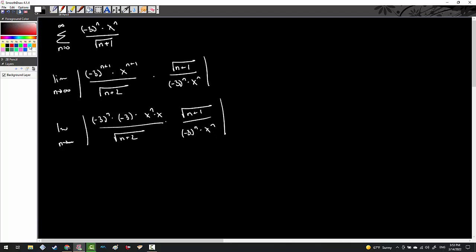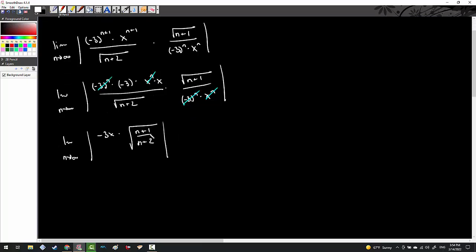Let's see what gets out of here. I'm going to cancel out the -3's here, cancel out the x's, and what I end up with is the limit as n goes to infinity of -3x times, since these are under the same radical, I'll put them all underneath one big square root.